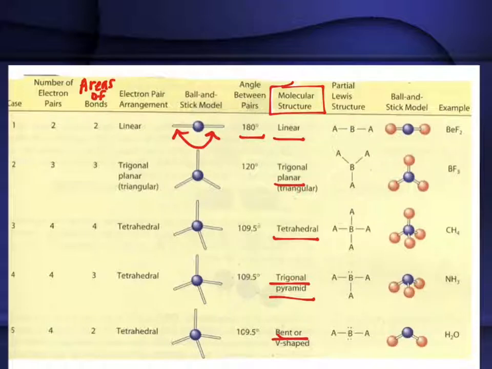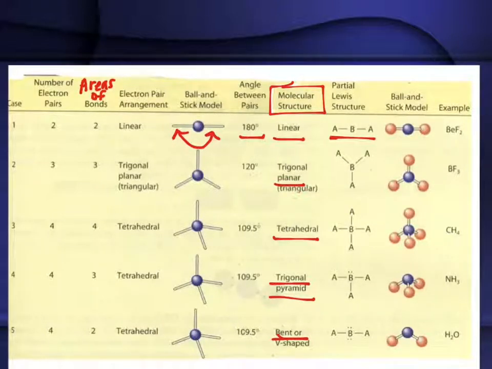So you have 2 areas of bonds. And you see what the Lewis structure would look like if you were to draw it, like this.